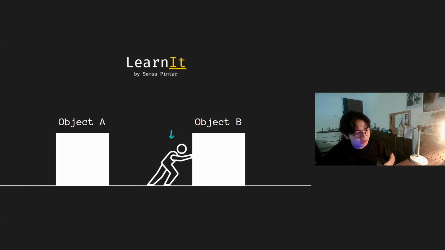So the person is exerting force on the object. But in object A, there is no force exerted on the object. However, the object is exerting a force on the ground, but to the object there's no force. There's actually a normal force, but I'll cover that later on in the video.